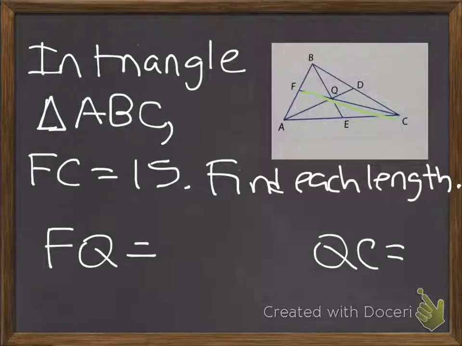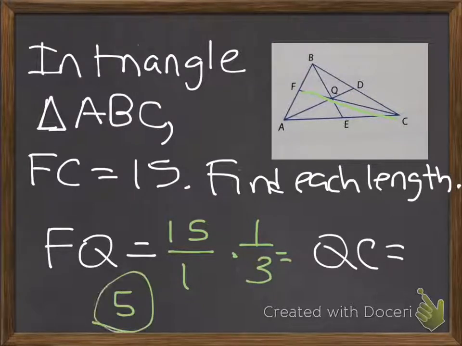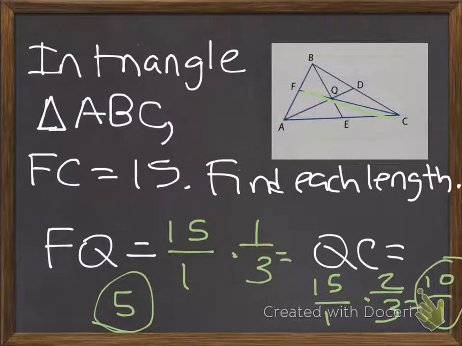So FQ is going to be 1/3 of 15, so we multiply 15 times 1/3, which gives us 5. And then QC is going to be 2/3 of 15. So we multiply 15 times 2/3 and get 30/3, which simplifies to 10. And that would be how we would find different parts of the lengths of the medians.